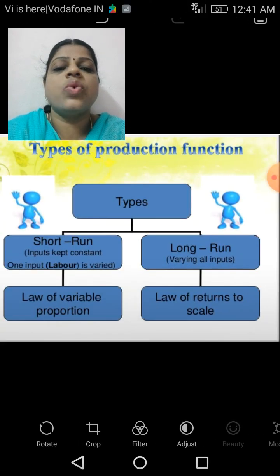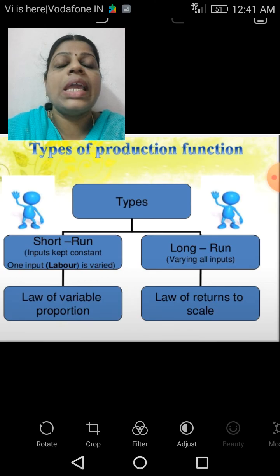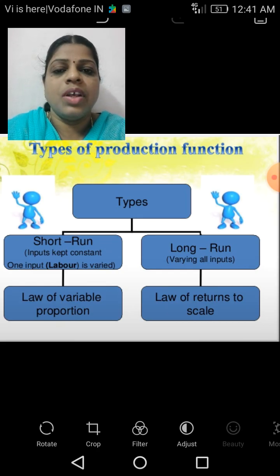Next, we will discuss the types of production function. 2 types are there, short run production function and long run production function. It is related to the time period. Short run, I told you, that is, the time period is more than 6 months and up to 1 year.